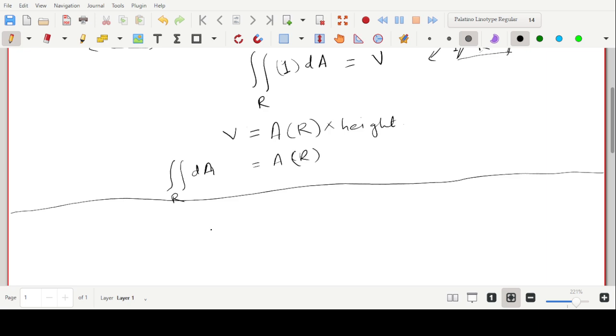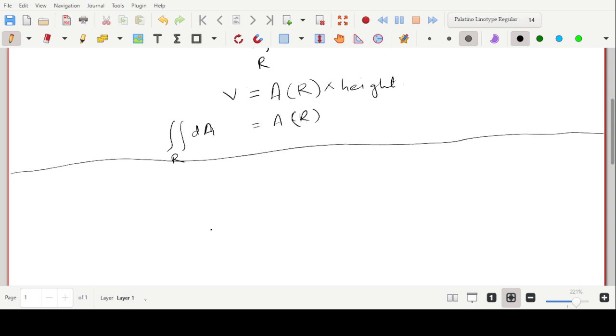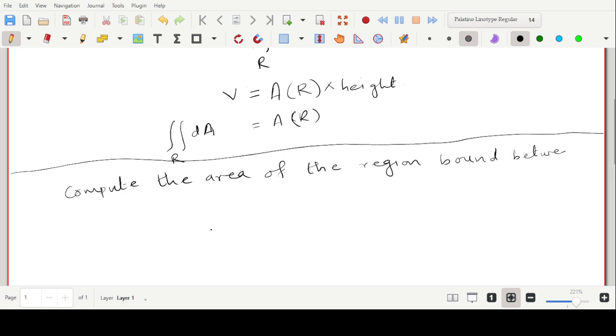Just to demonstrate the power of this method, let's say compute the area of the region bound between y equal to x square and y equal to square root of x.